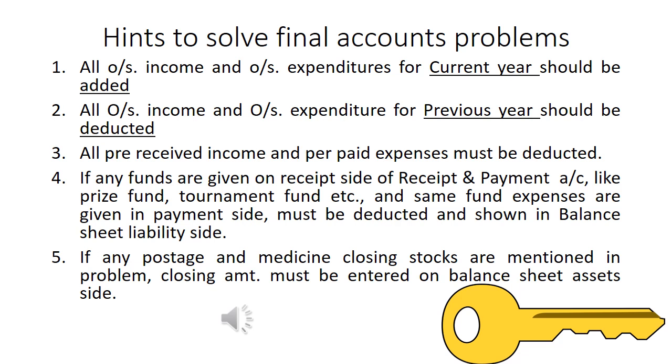What we have to do on the liability side of the balance sheet is write the prize fund, then minus prize expenses, and then the amount can be shown in the balance sheet. Similarly, the tournament fund and all funds can be shown under the liability side of the balance sheet, and if any expenses are given, the same has to be deducted from that fund and shown on the liability side of the balance sheet.